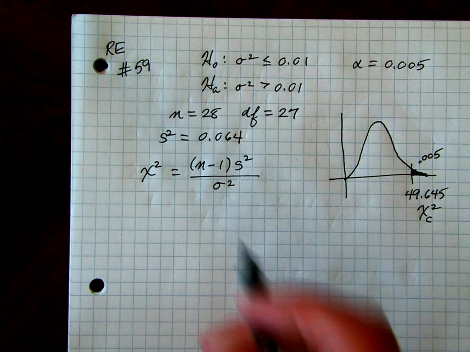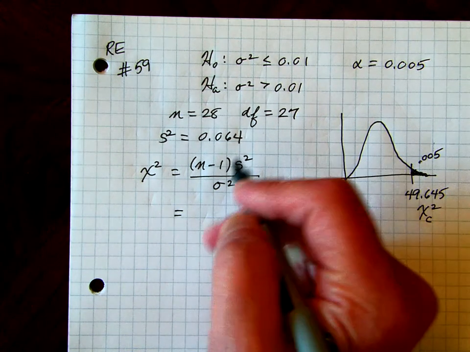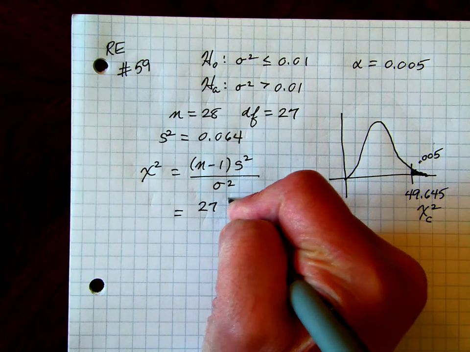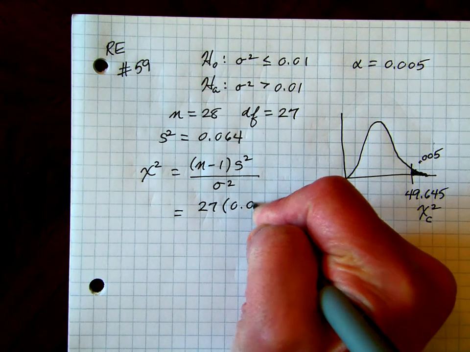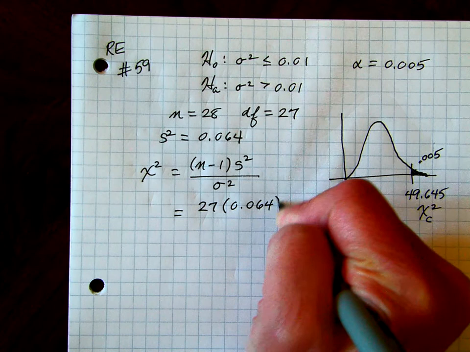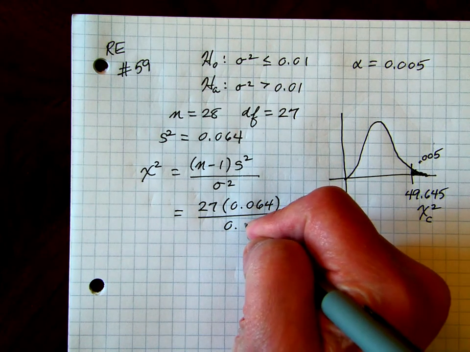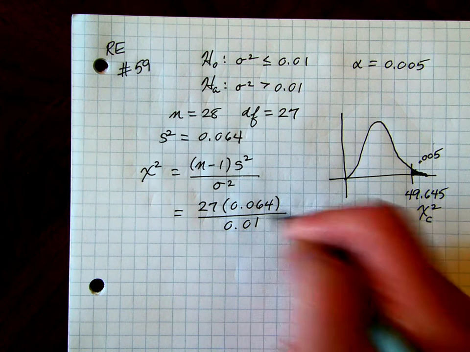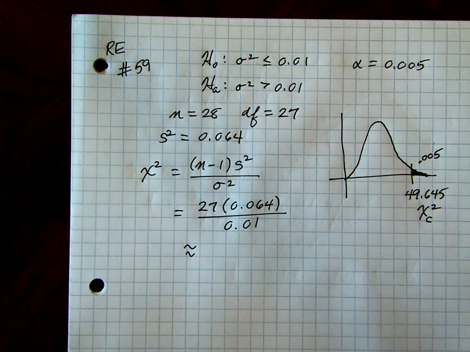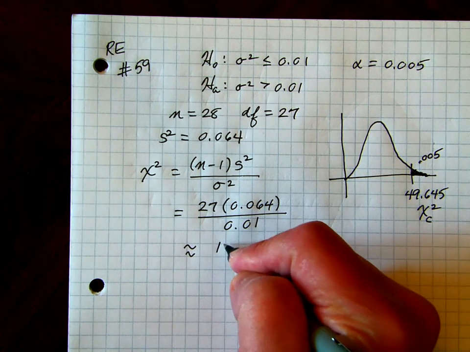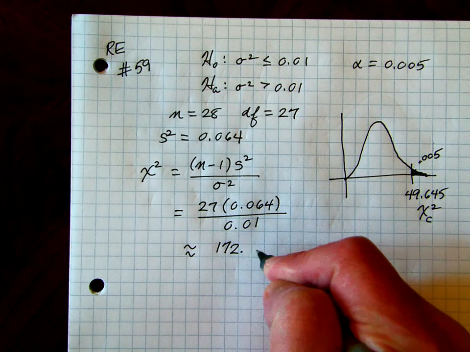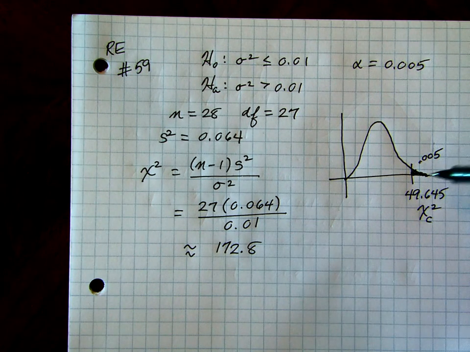In this instance, we're going to get 27 times 0.064. We divide by 0.01, and our computation comes out to be a whopping 172.8. Well, our critical chi-square value is just up here around 50, and we have something above 172.